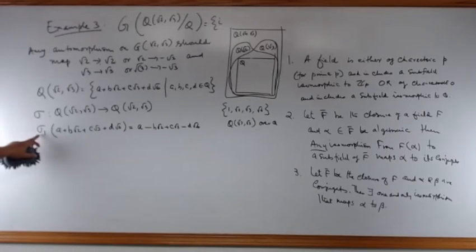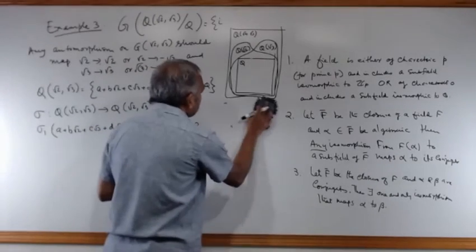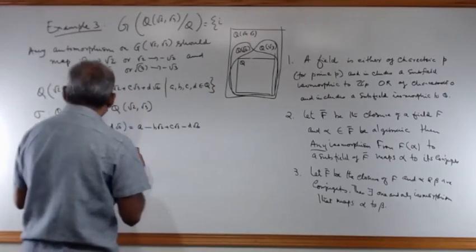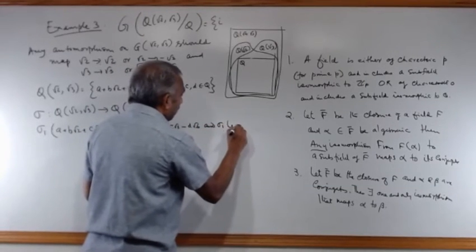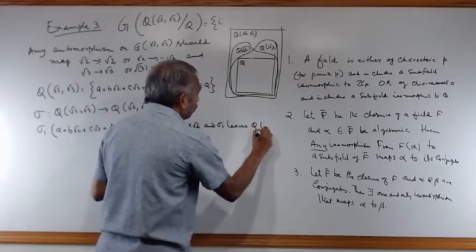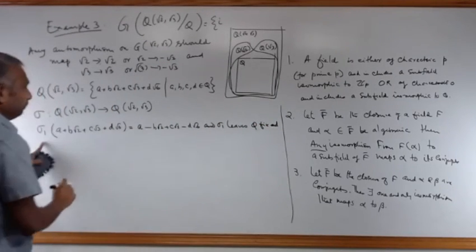I'm going to consider this scenario. Of course, sigma 1 leaves Q fixed. So this is one of the candidates. No problem.